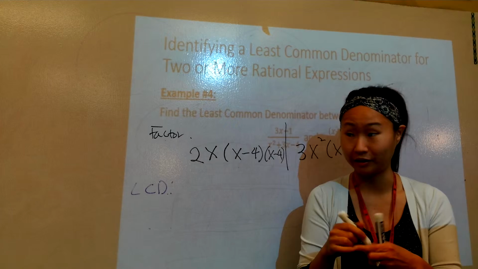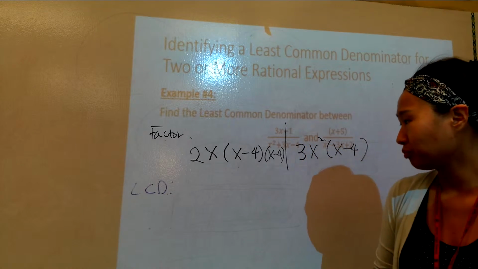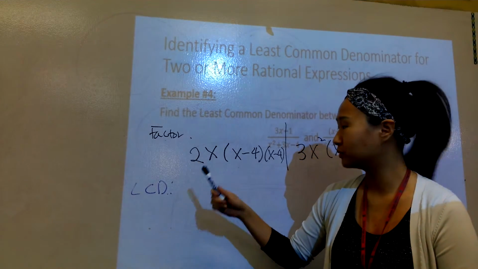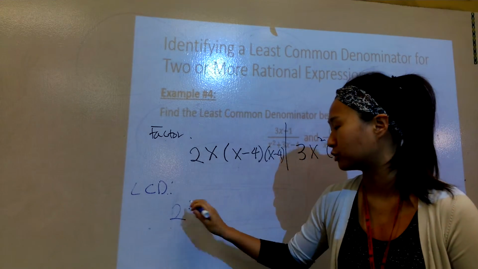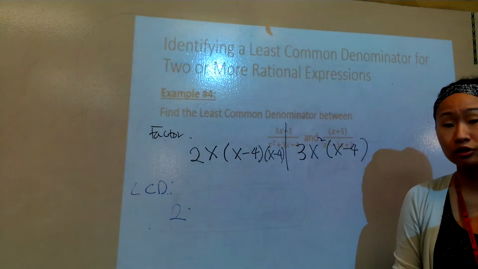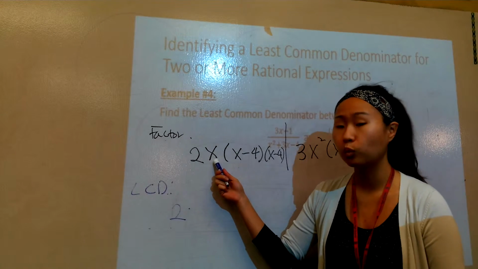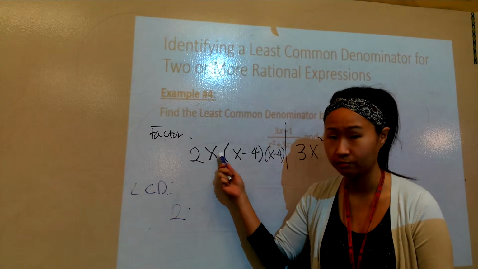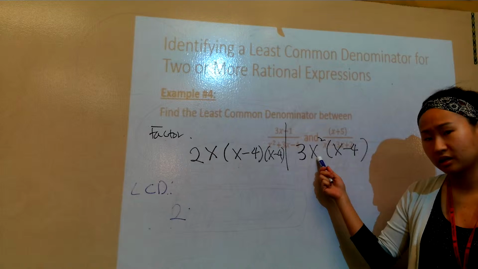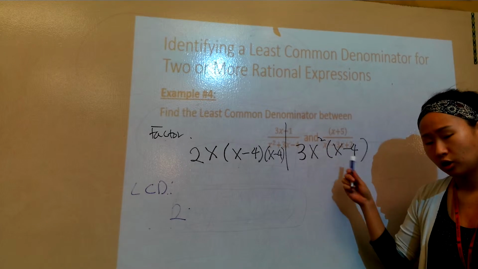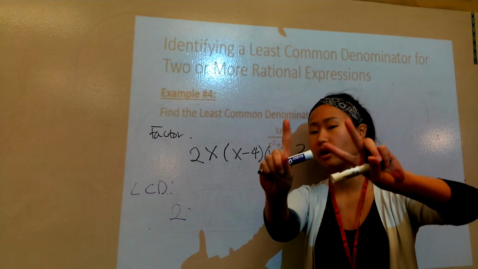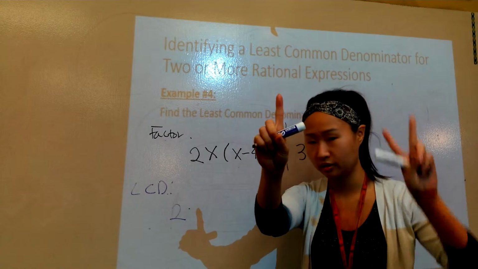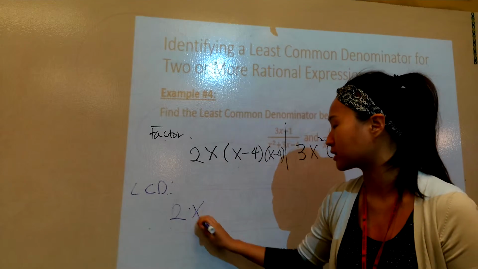Okay, so let's find the least common denominator. Let's pick 2. I have 1 two, I have no 2 in the other, so I need 1 two. Let's go on to x. I have 1 x multiplied by itself, x times x. So what we're comparing is an x versus x squared. Which one wins? Yes, x squared wins. I need x squared.